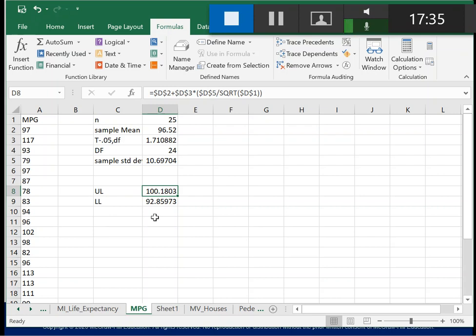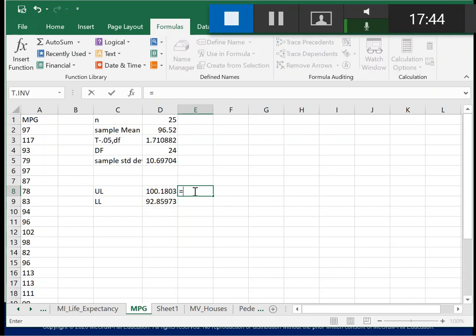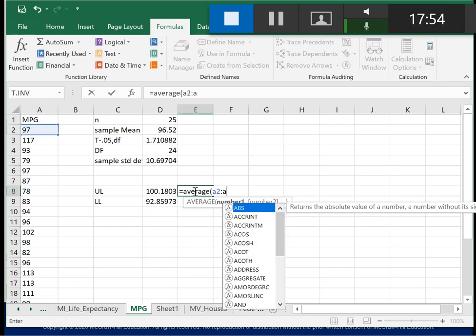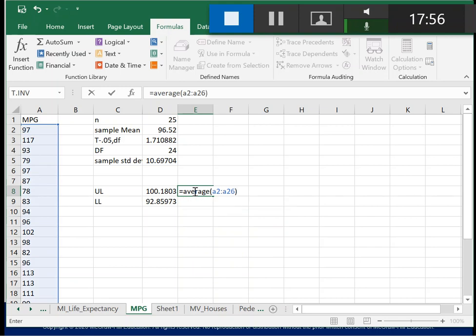What if we calculated the whole thing in one formula? This is very sophisticated Excel skills, but I know that we can do it. So I'm just going to move over one here. All right, so my formula, first of all, I need the sample mean. So I'm going to say average of, and I'm just going to type in here A2 through A26 because I know that's where all my sample data is.